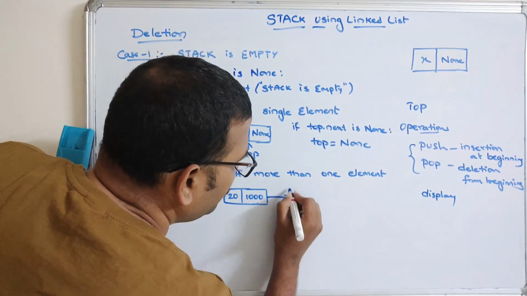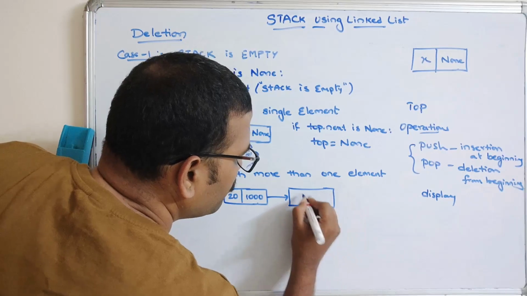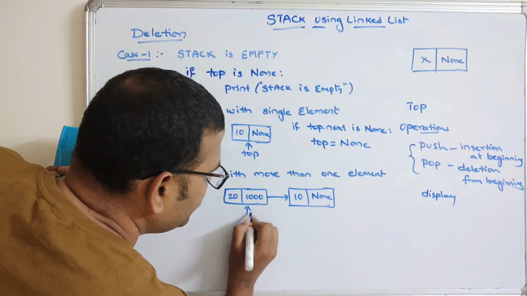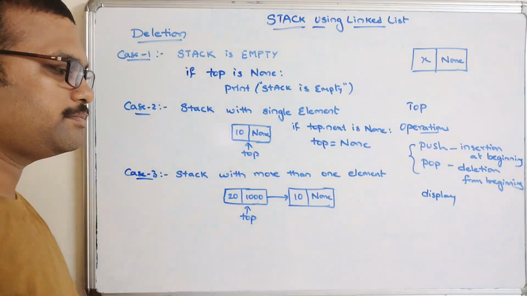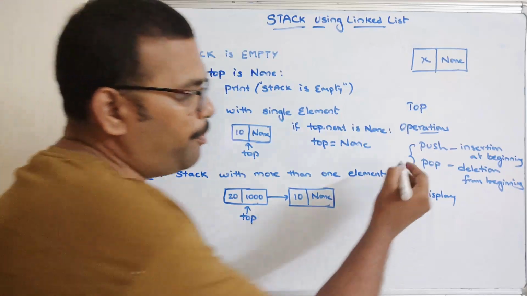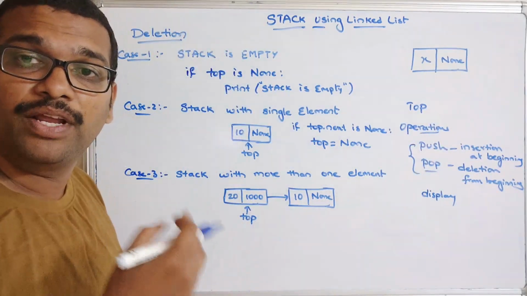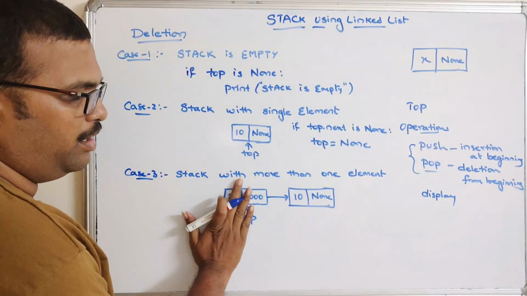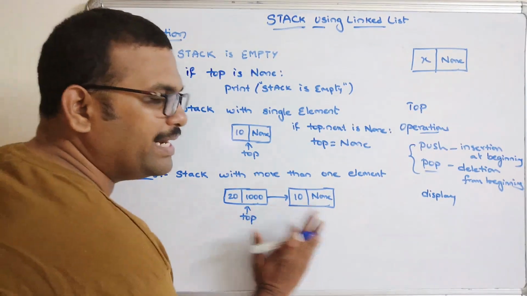So a link will be established here. Let us take one more node, 10 and none, and this is the top. Now we need to remove, that means a pop operation. Pop operation means removing the element which is at the top. So we need to remove this one, so we have to change the top to the next element.